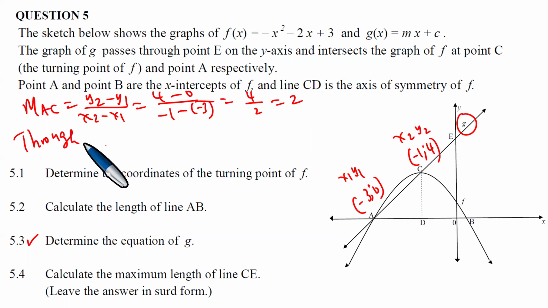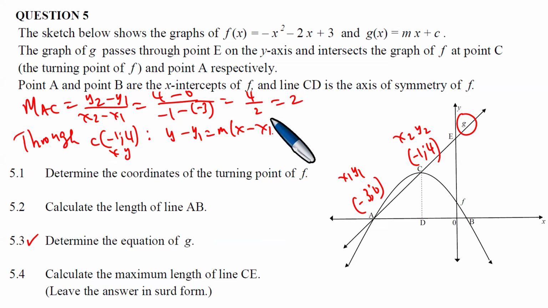Now this line passes through any of these points. You can use this point if you said so. We're going to choose C, with the coordinates -1 and 4, x and y. So in the end, we have y minus y1 equals m into x minus x1.